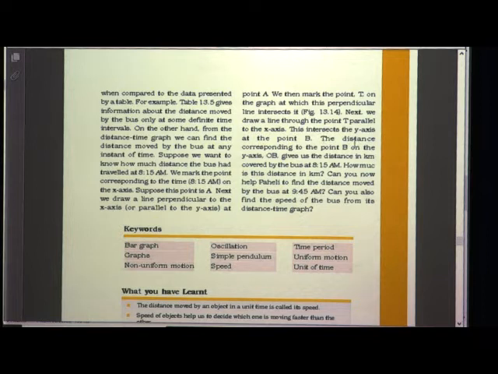This intersects the y axis at the point B. The distance corresponding to the point B on the y axis, OB, gives us the distance in kilometer covered by the bus at 8:15 am. So, how much is this distance in kilometer? Can you now help Paheli to find the distance moved by the bus at 9:45 am?